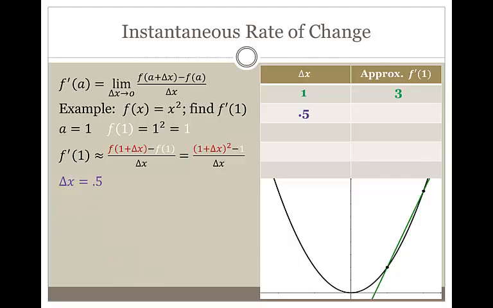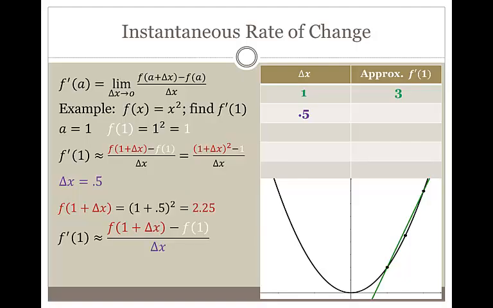Let's carry on with delta x equals 0.5. Here, f of 1 plus delta x is 1 plus 0.5 squared, which is 2.25. So we get the point on the graph 1.5, 2.25.